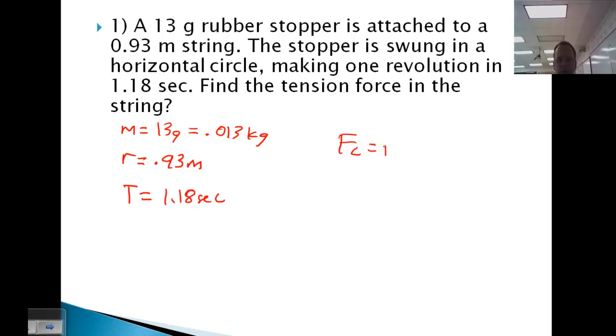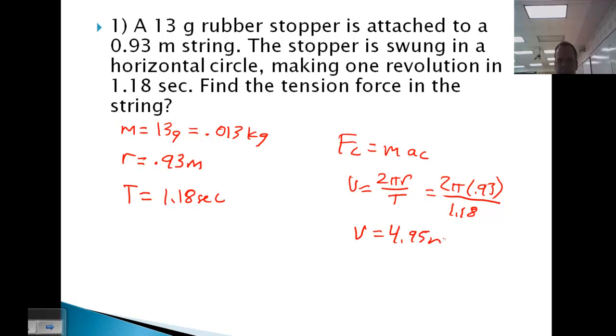So we need Fc equals mass times centripetal acceleration. To find the centripetal acceleration, we need the velocity. Velocity is 2 pi r over T, so 2 times pi times 0.93 divided by 1.18. So we get 4.95 meters per second. Now for a circle, ac is going to be v squared over r. So 4.95 squared divided by 0.93, which is 26.3 meters per second squared.